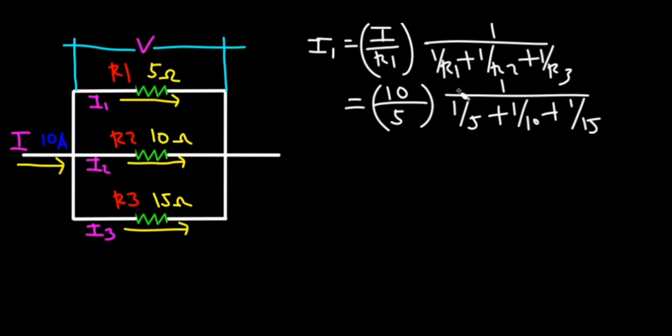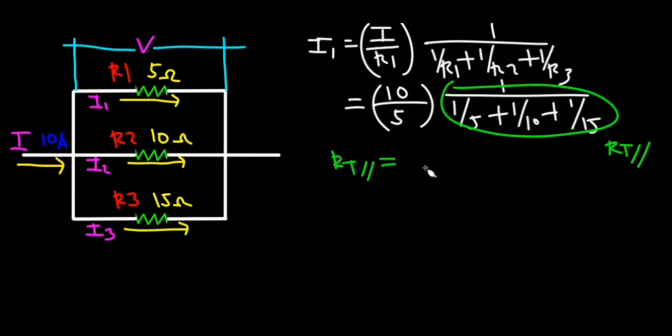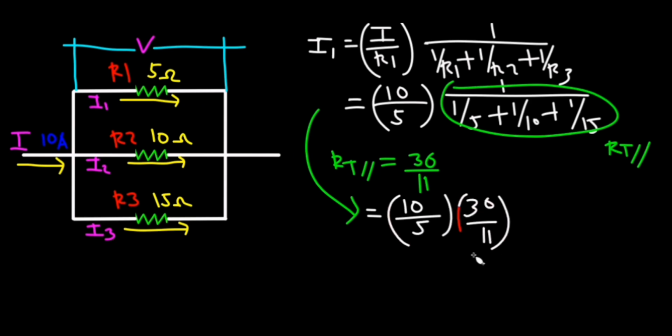R total in the formula is 1 over the quantity, 1 over 5 plus 1 over 10 plus 1 over 15. This can be simplified to 30 over 11. This will be used later in the current divider formulas. 10 over 5 times 30 over 11 is 300 over 55. And this will result in 5.45 amperes.